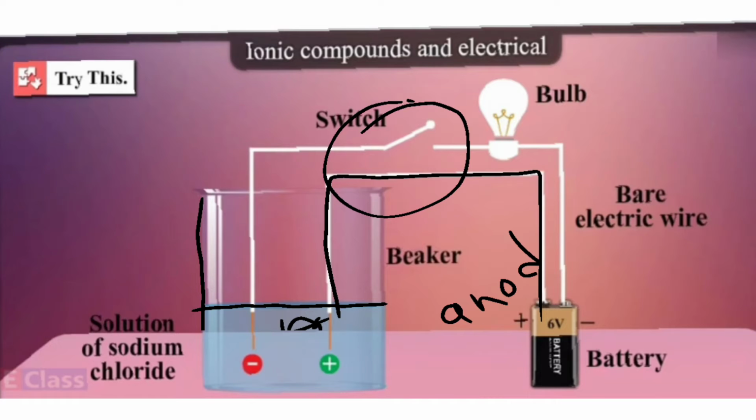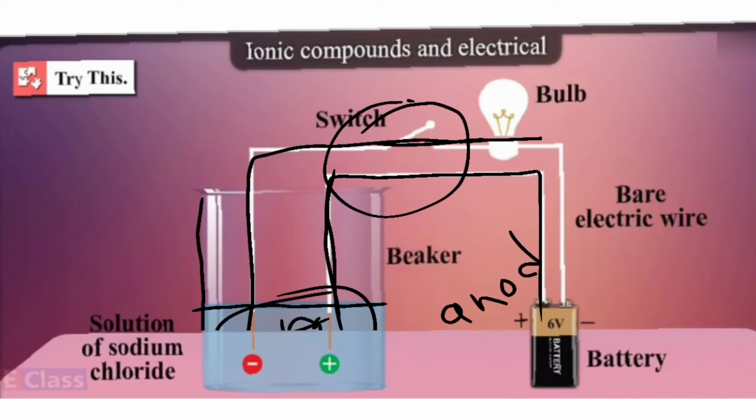Switch is open, so obviously the current will not flow. But if the switch is closed, is the circuit complete? Here in this part there is no connection, so we are doubtful how the current will flow.